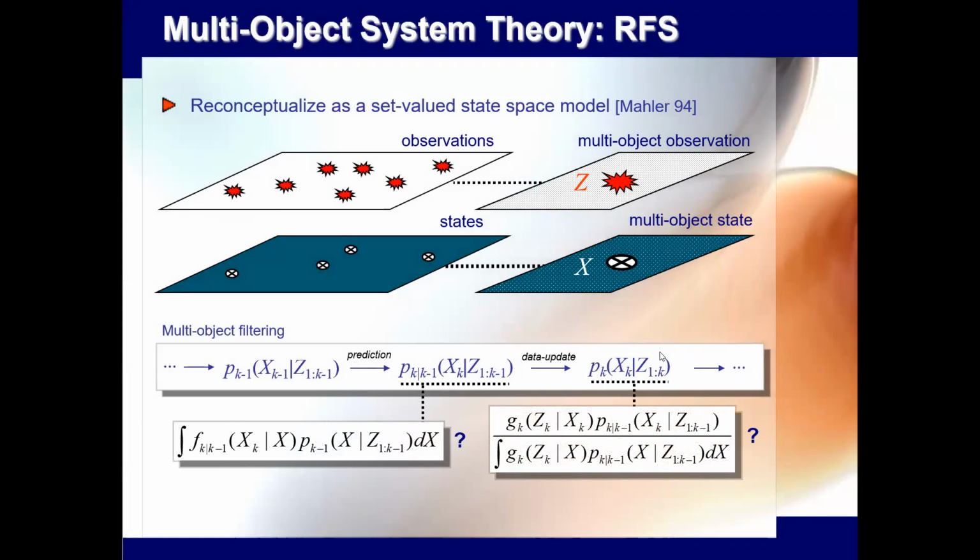We always have a mathematical model that describes everything, and then we go down to the algorithm. So again, I'm just repeating the propagation of two densities, the state density for multi-object states. But the problem here is that because the number of elements is changing, the integration is not straightforward.